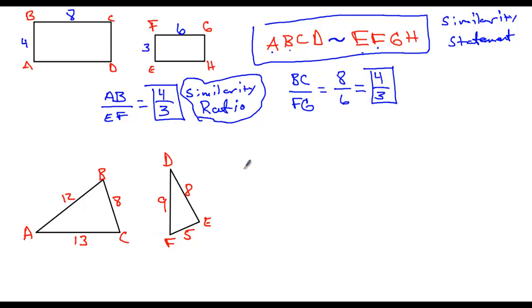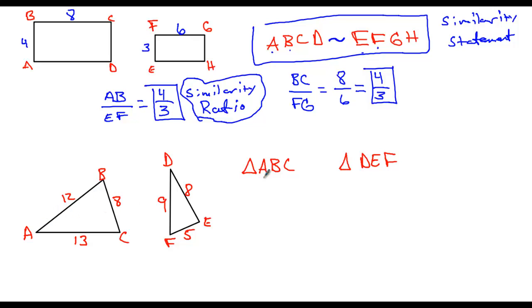Now we have triangle ABC and triangle DEF, and your job is to decide, are these two triangles similar to each other? Now you saw me make them, right? I made this one, and then I duplicated it and made another one and dragged it over here, shrunk it up a little. So I put some numbers on it. The numbers are what matters. It doesn't matter what it looks like or what your eyes tell you. What matters is the math part.